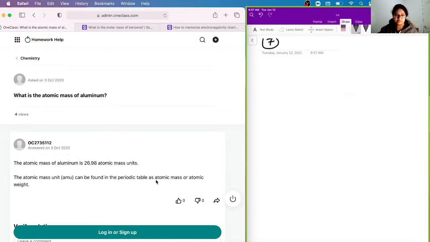And the next question says, what is the atomic mass of aluminum?